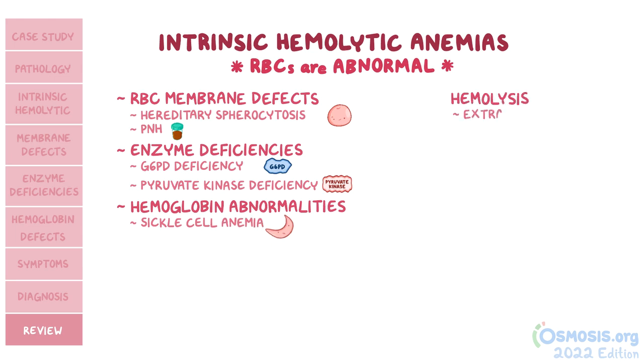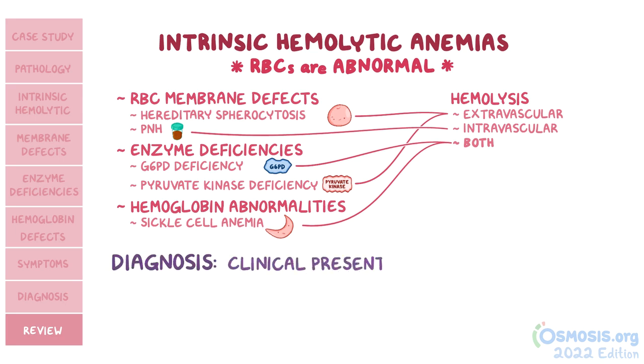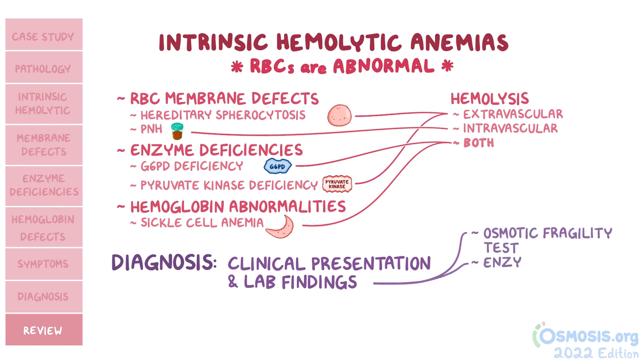Hemolysis can be extravascular, like in hereditary spherocytosis and pyruvate kinase deficiency, intravascular, like in PNH, or both, like in G6PD deficiency and sickle cell anemia. A diagnosis can be made based on clinical presentation and lab findings. The diagnosis can often be confirmed with more specific tests, like the osmotic fragility test, enzyme assay, and hemoglobin electrophoresis.